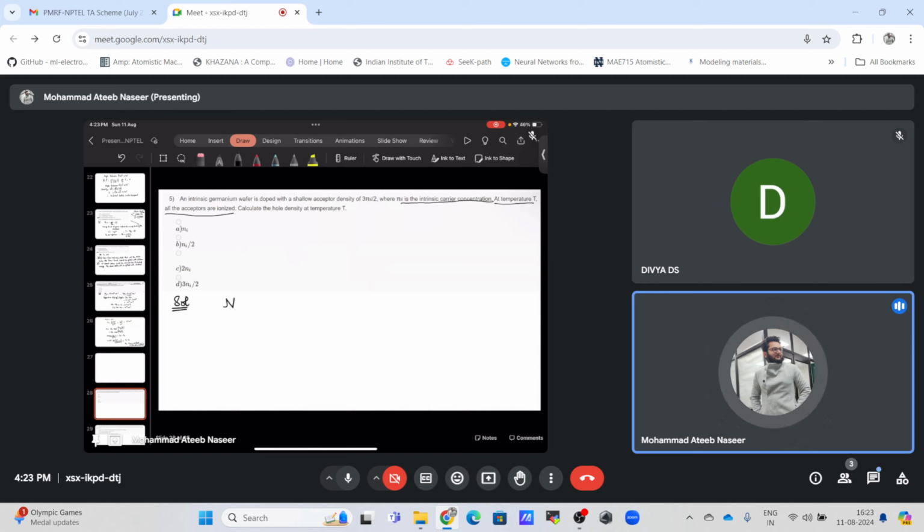All acceptor impurities are ionized, so Na minus is Na, which is simply 3 Ni by 2. Since all these acceptors are ionized at this temperature, we will use charge neutrality: N plus Na minus is equal to P plus Nd plus.